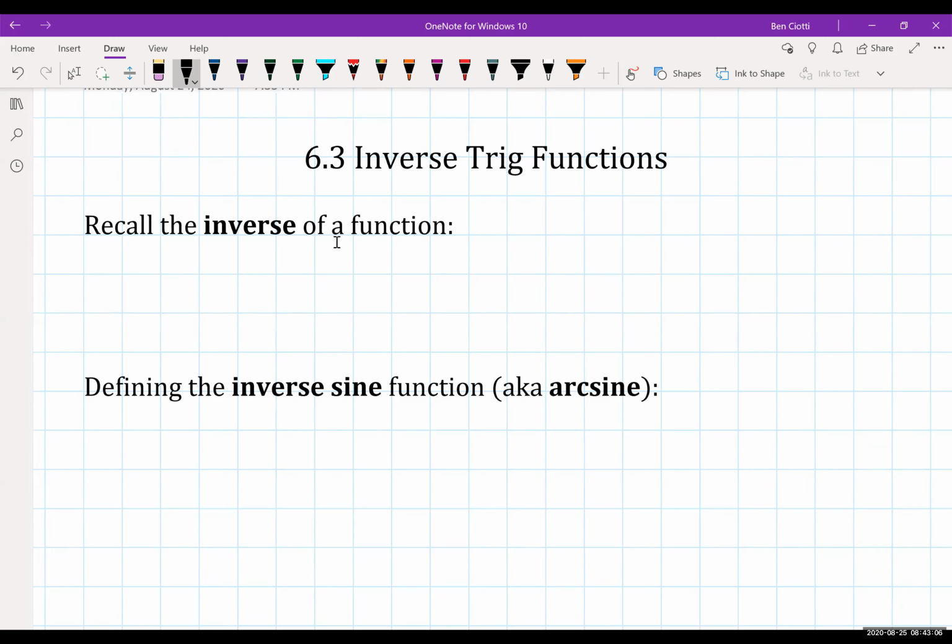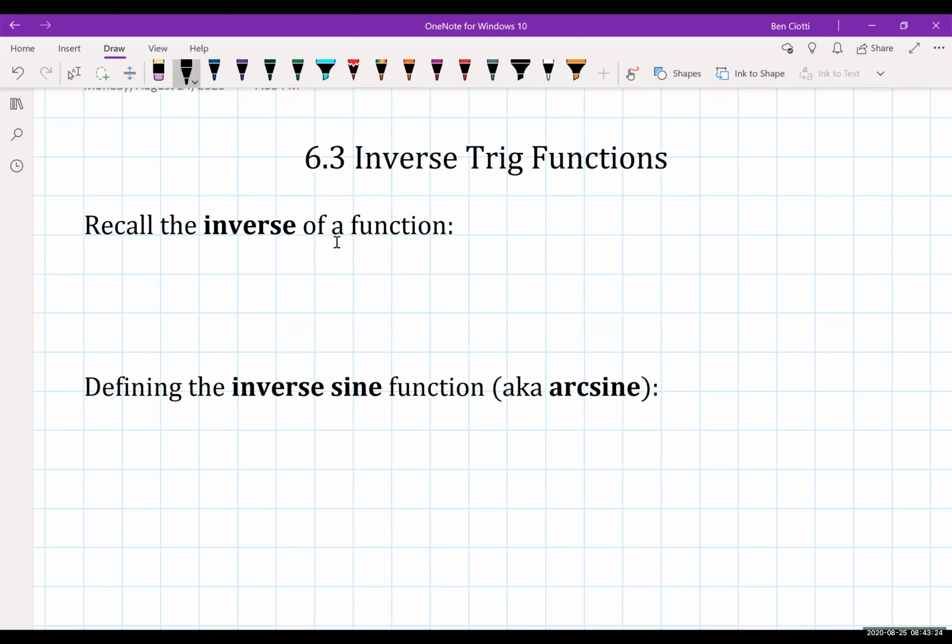We introduce a function and then we introduce its inverse, right? That's what we did with exponentials. First, we introduced exponentials, and then we introduced logs, which were their inverses. So now that we've introduced trig functions, let's do their inverses.